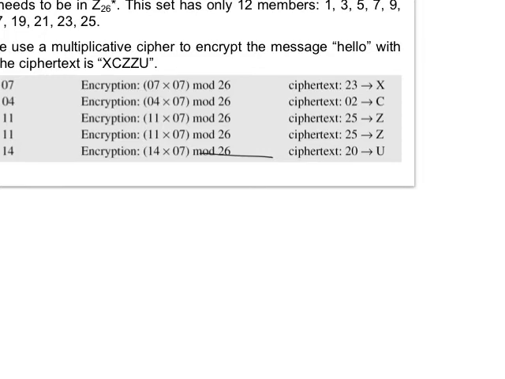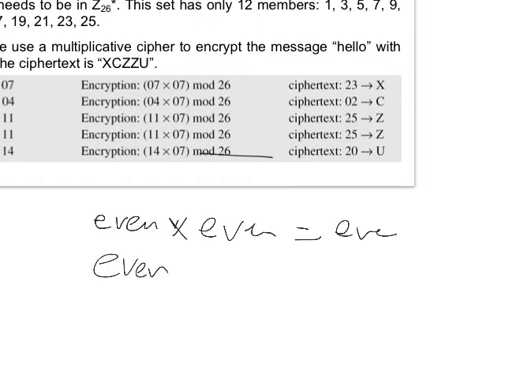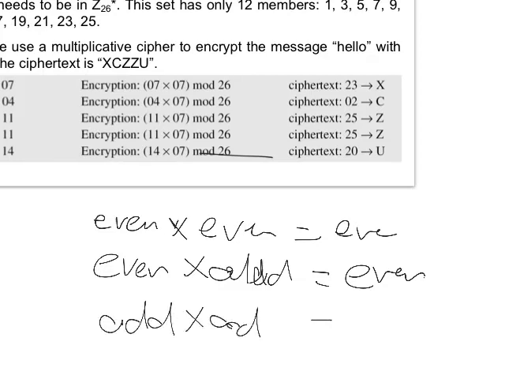Because if we take even times even, that's even. If we take even times odd, that's even. And if you take odd times odd, that's odd. So if we assume that the key is even, this means that we're talking about these two cases, right?